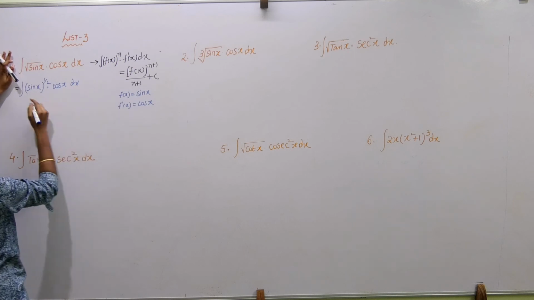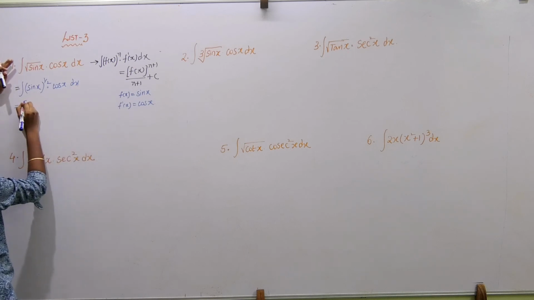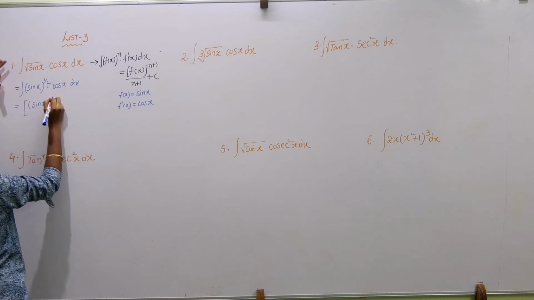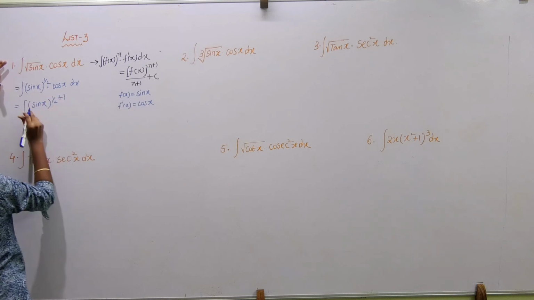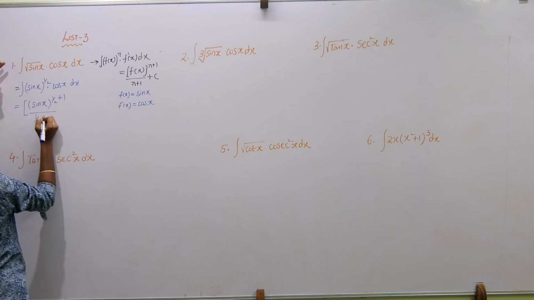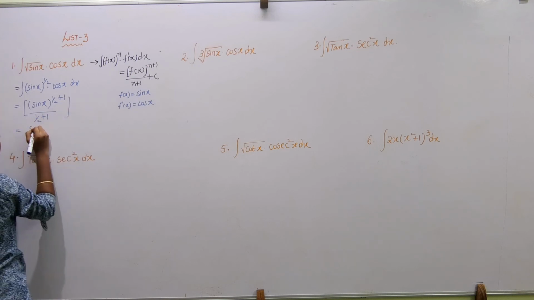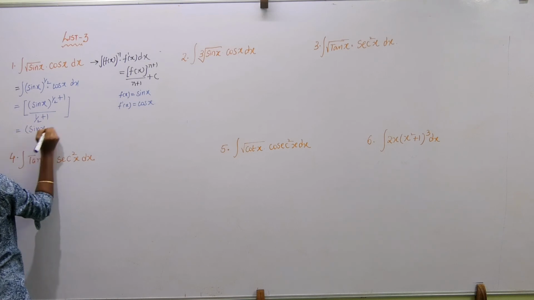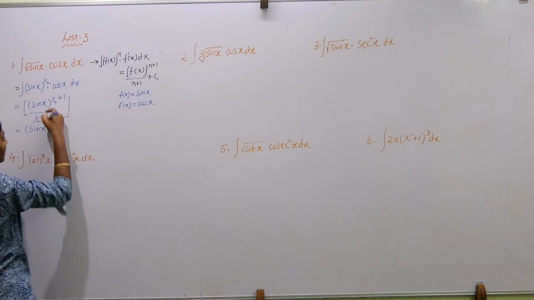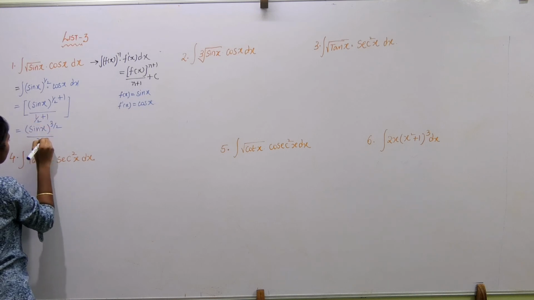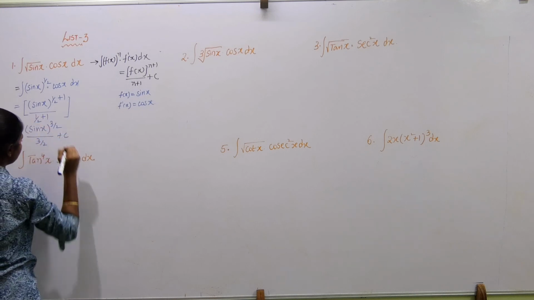When we substitute the formula, we get (sin x)^(1/2+1)/(1/2+1), which equals (sin x)^(3/2)/(3/2) + c.